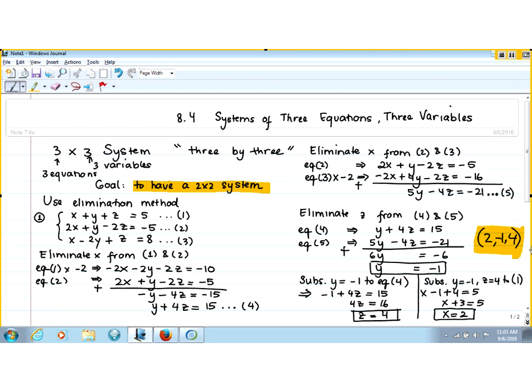Okay, yeah. So equation 2. And then you label it.